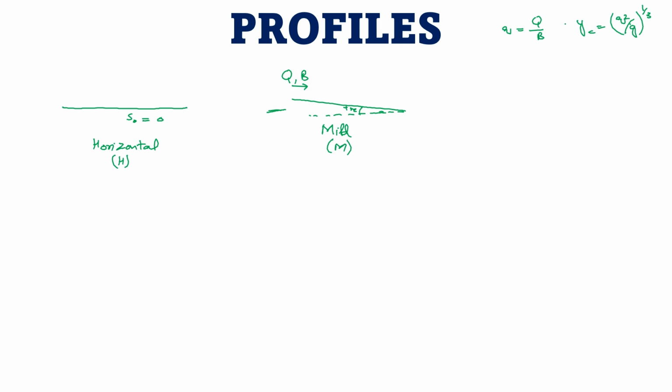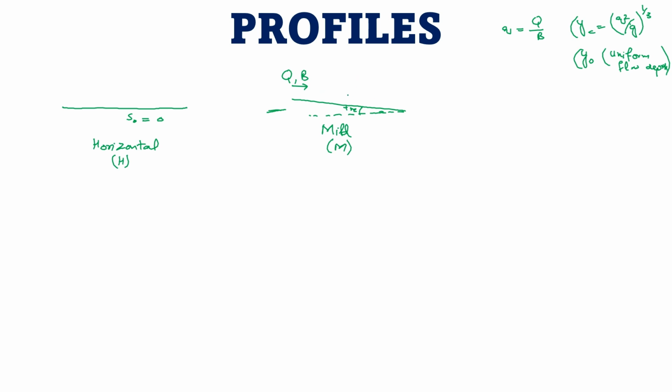When we have determined the critical depth of the channel, we will determine the uniform flow depth of the channel, and we will compare the depths of critical flow and uniform flow.